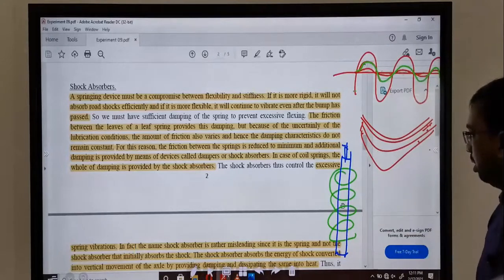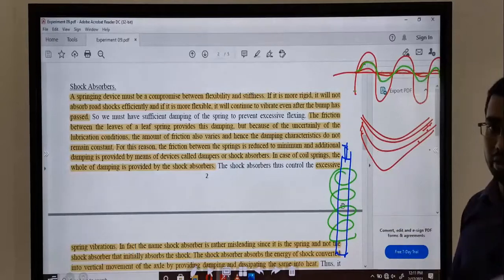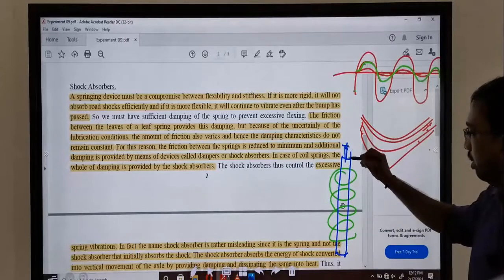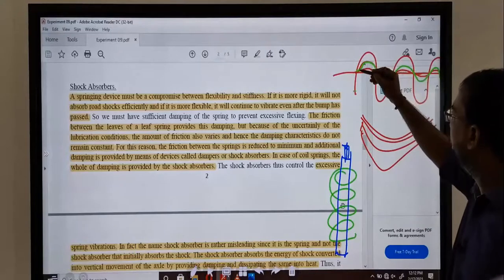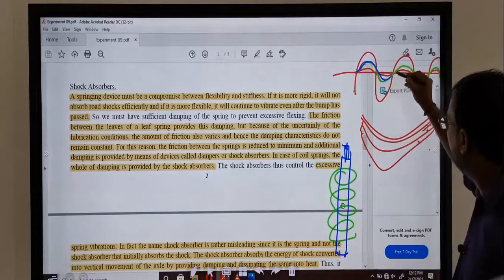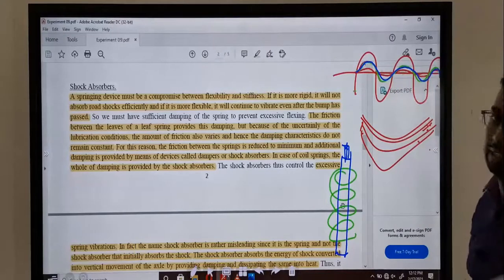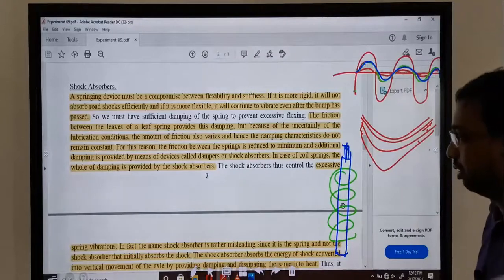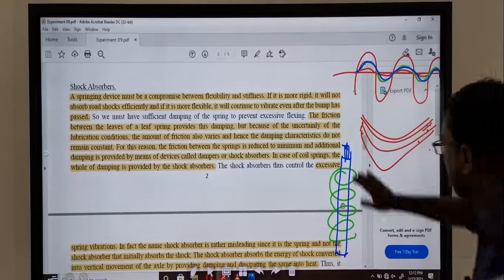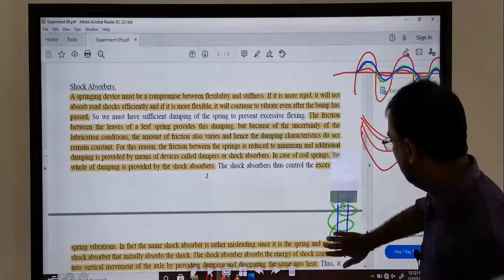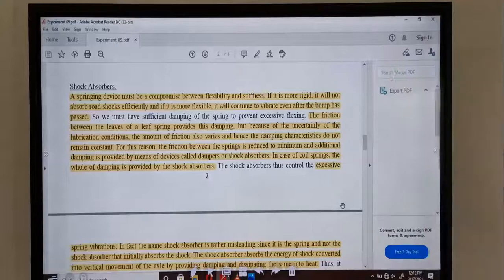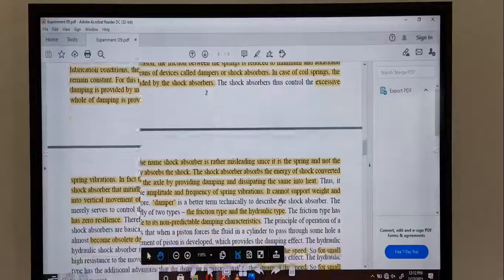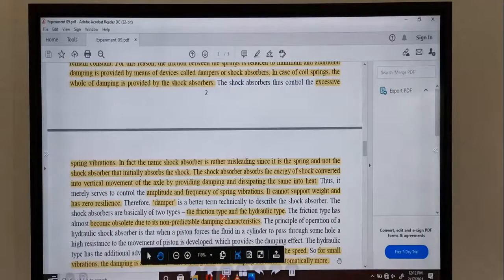Because the coil spring does not have a tendency of damping, the shock absorber is used here for the damping purpose, so we can get the correct amount of suspension and avoid excessive spring variation.